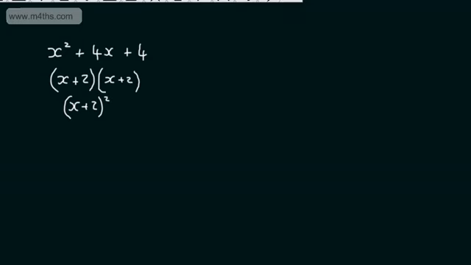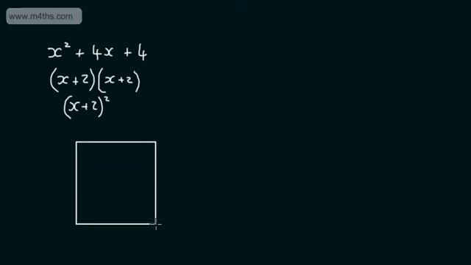If you wanted to look at that visually, we could draw a square and it would look something like so. What we've got here is the value of x, so let's put x just here, and the 2 just here, and x and 2 on the other side.